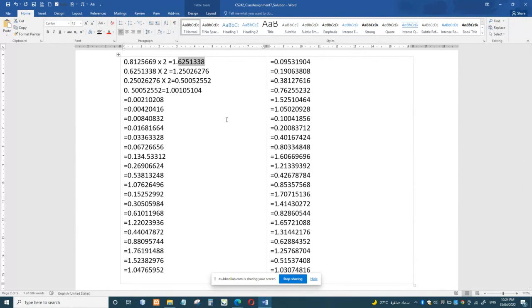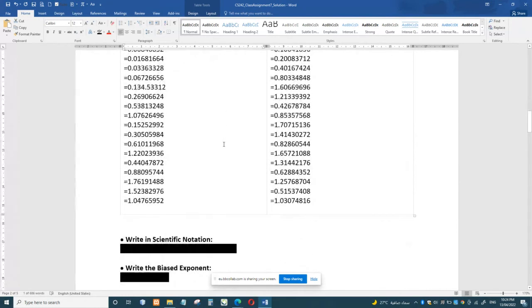You said before we can stop after 10 times of this fraction multiplication. Can we do it now? Because it's too many lines and there is no space. Yeah, so I'm just showing you. Not necessarily do you have to do it in your class assignment. If you don't have the space, don't do that.